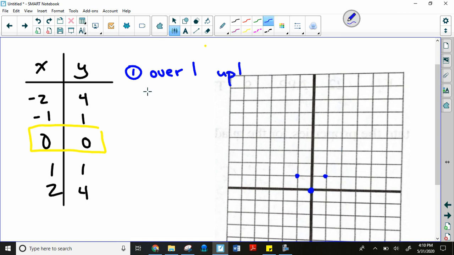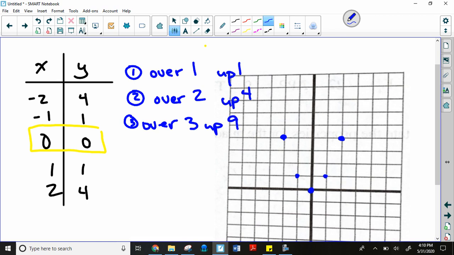So if I'm going back to the vertex, I would go over 2, up 4, square it. Over 2, up 1, 2, 3, 4. Over 3, up, square it, 9.